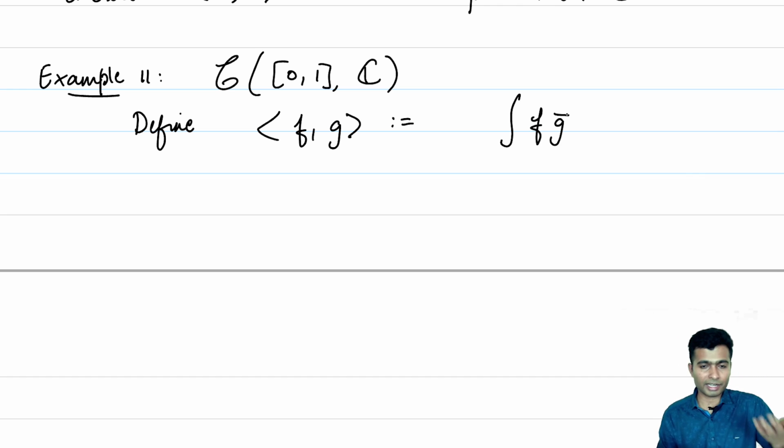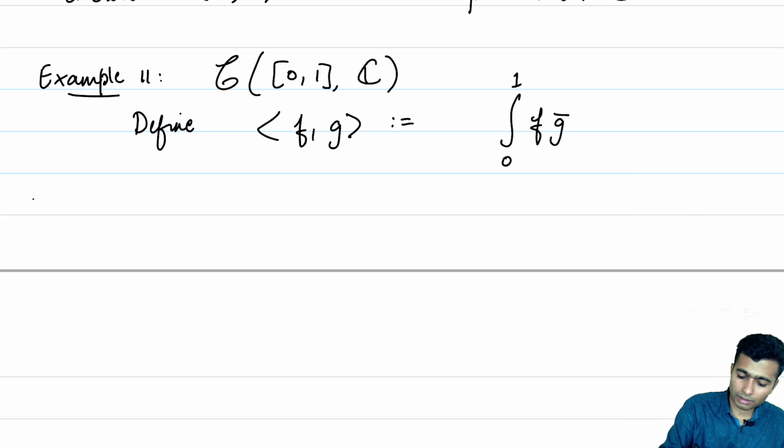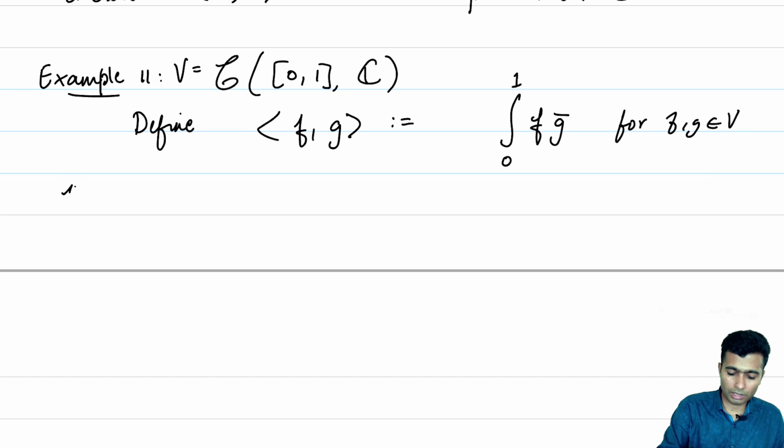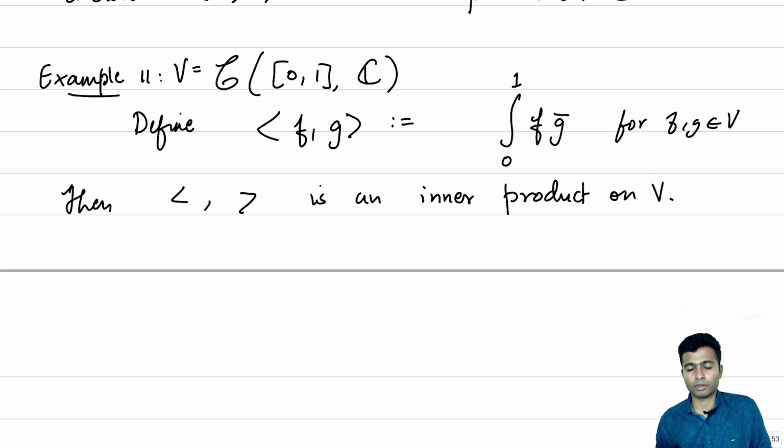So just like in example 10, if it is to be an inner product, the conjugate should get involved, for f comma g in V. So V is this, then this is an inner product on V.